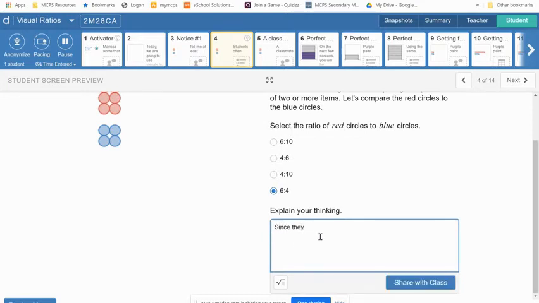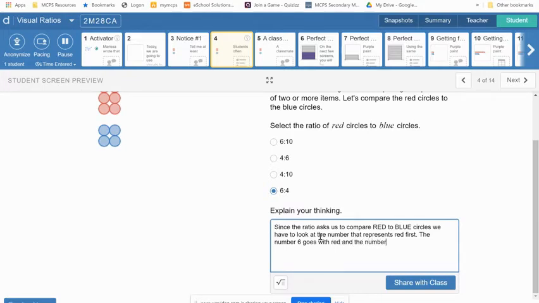Since the ratio asks us to compare red to blue circles, we have to look at the number that represents red first. The number 6 goes with red.